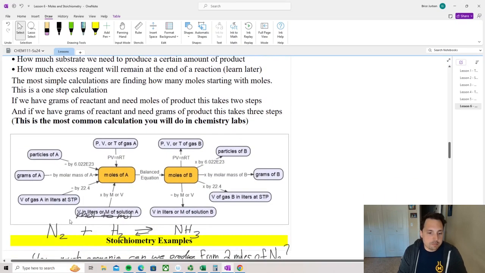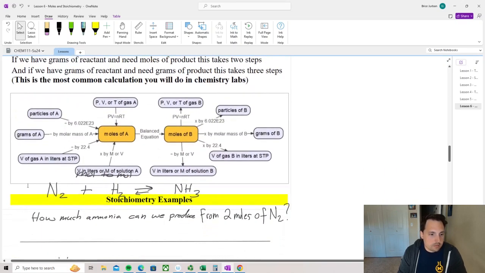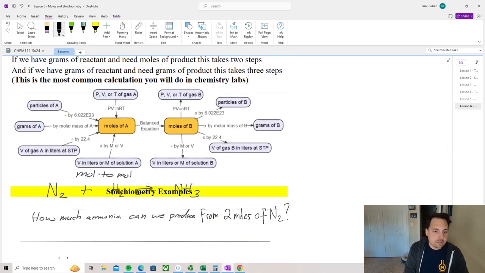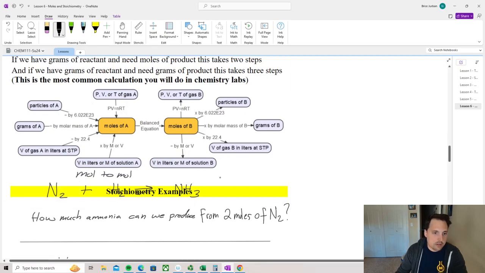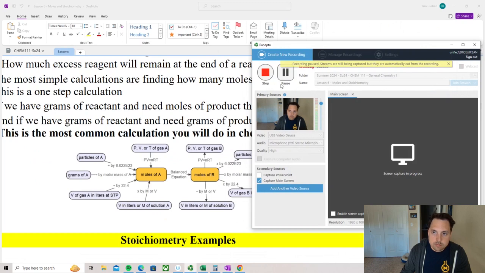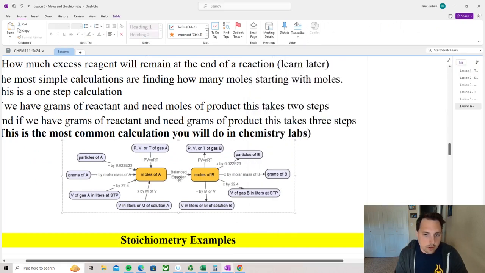So this flowchart here that I have, let me move these down here. Give me a second. Okay, so I cleaned that up a little bit. But yeah, here is a flowchart that will help you through the rest of the semester.